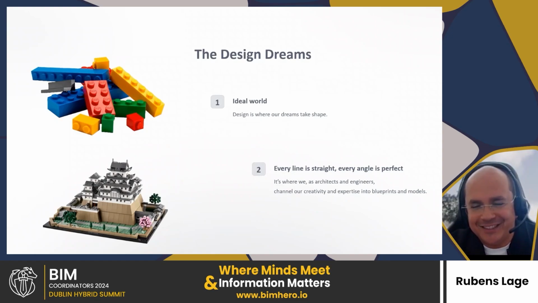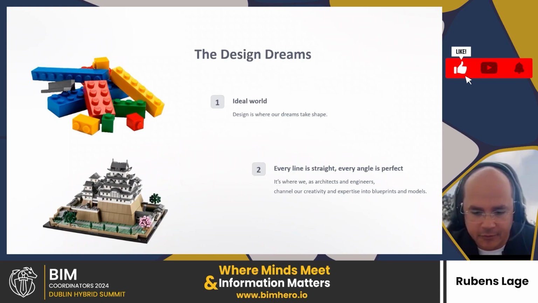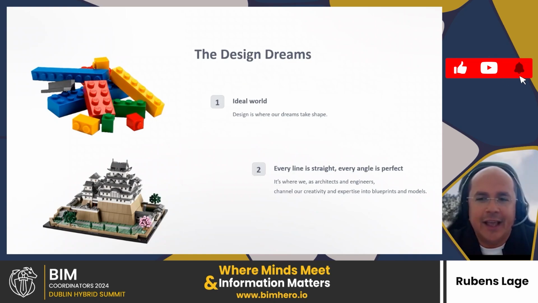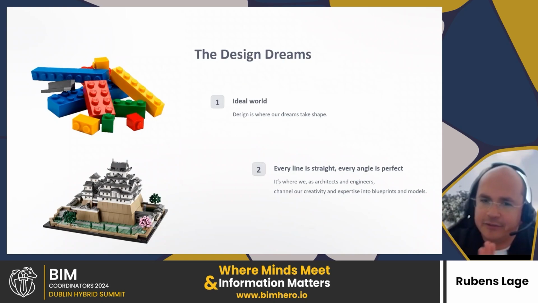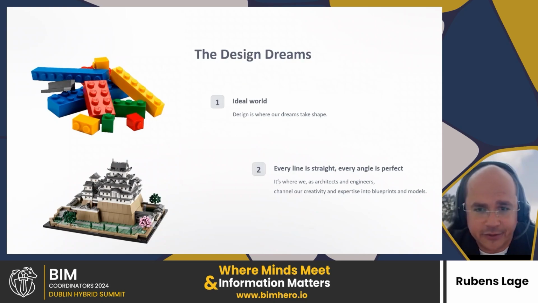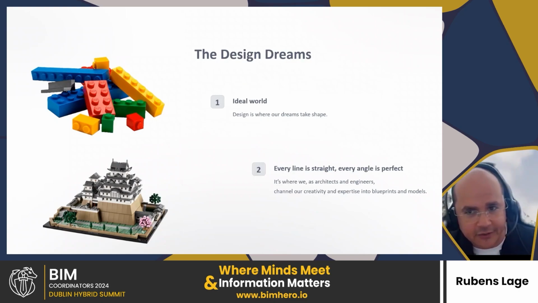I'm calling it design dreams to be provocative because in the design world, when we have models and drawings, everything is perfect. It's ideal. Every line is straight, every angle is perfect. So that's how we design. That's the nature of computers, that's the nature of drawings.